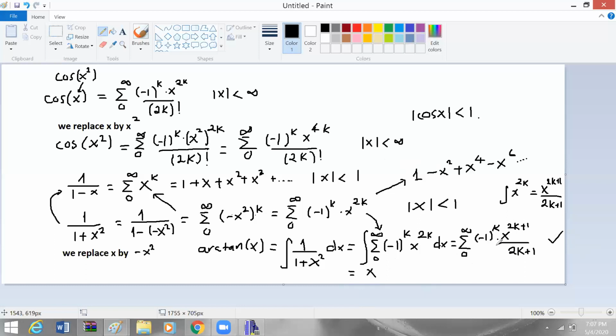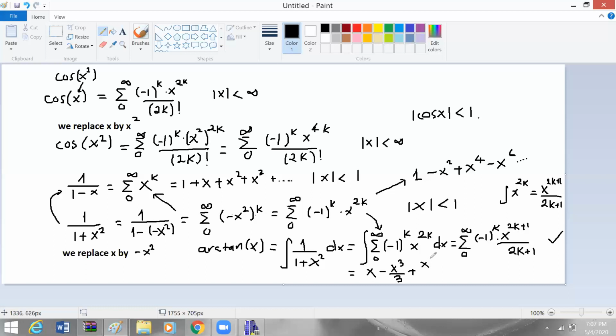When I plug in k equals 1, I get x to the third over 3. When k equals 2, that will be x to the 5th over 5, since 2 times 2 is 4 plus 1 is 5.